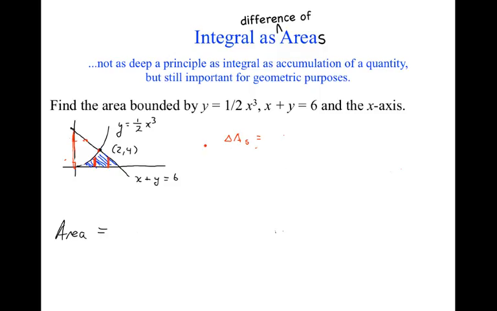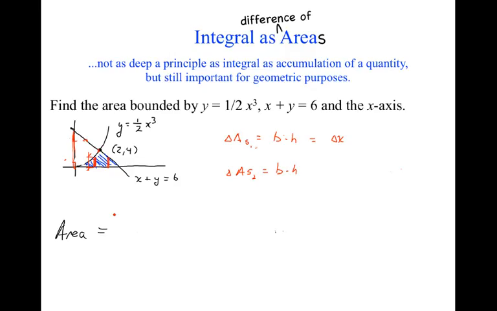So we can say AS1 and AS2. Again, it's going to be base times height. What's the base? Still delta x. Now the height: is it an x coordinate, a y coordinate, a change in x, or a change in y?